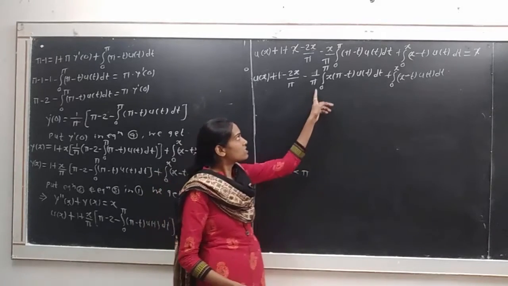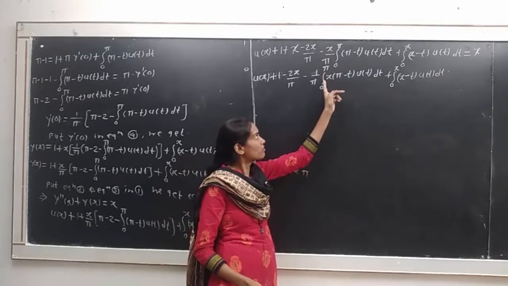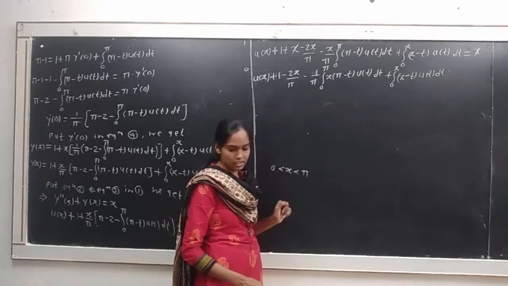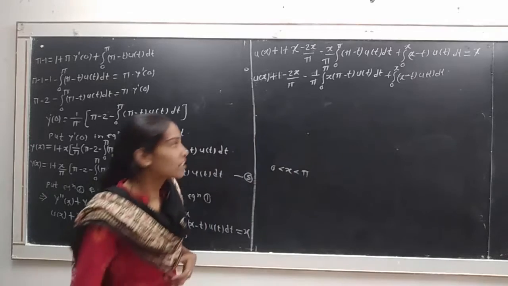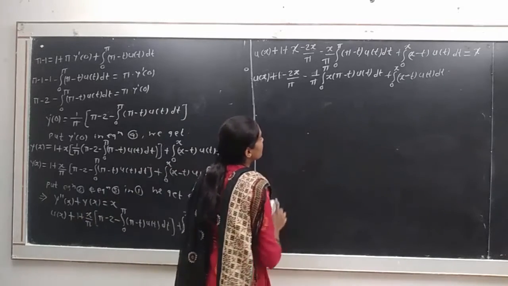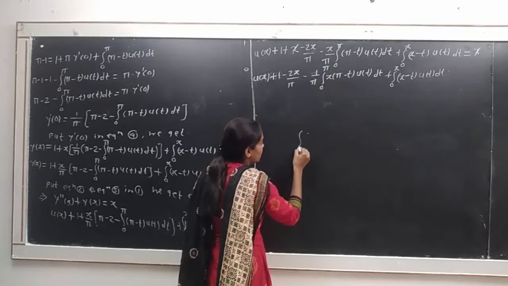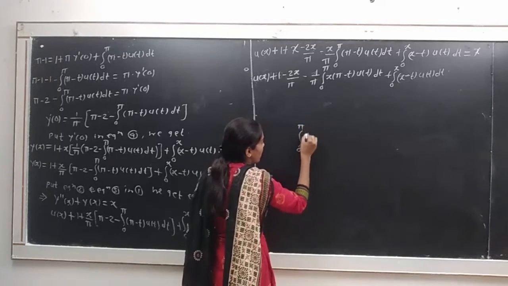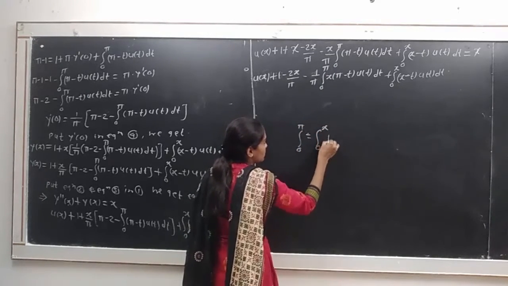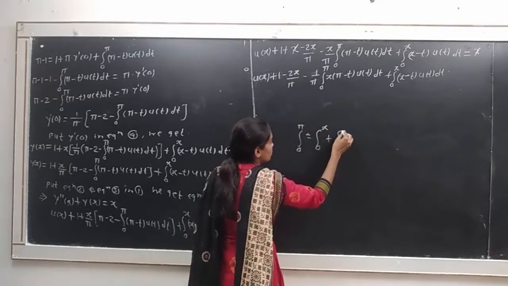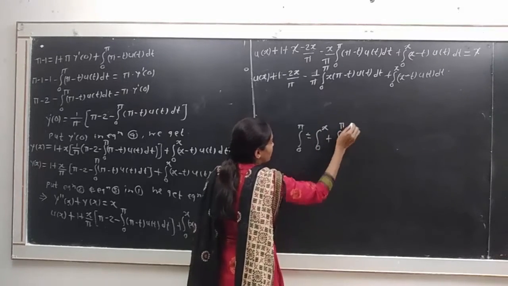Therefore in this interval 0 to pi we can introduce the variable x and we can write this integral from 0 to pi as 0 to x plus x to pi.